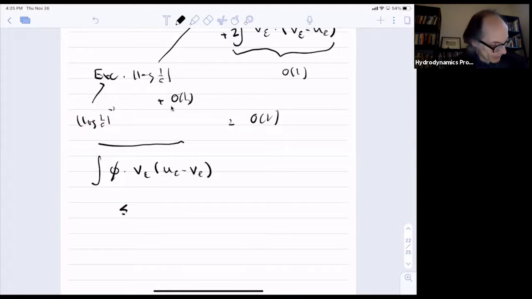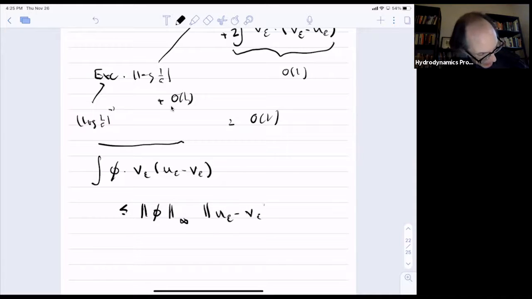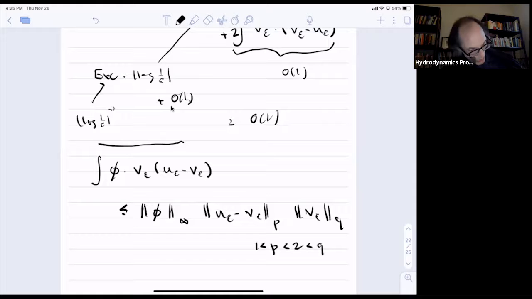So this will be bounded by phi infinity, and let's say u epsilon minus v epsilon in L p and v epsilon in L q, and as usual, 1 over p plus 1 over q is equal to 1.